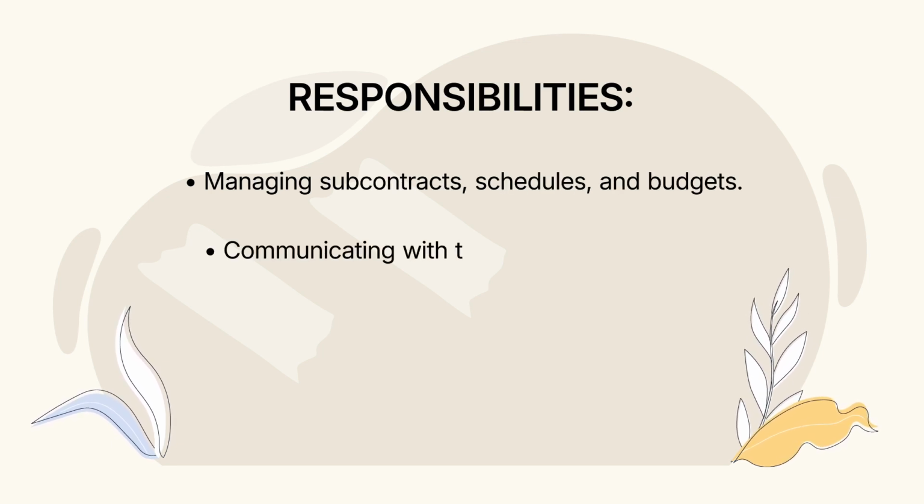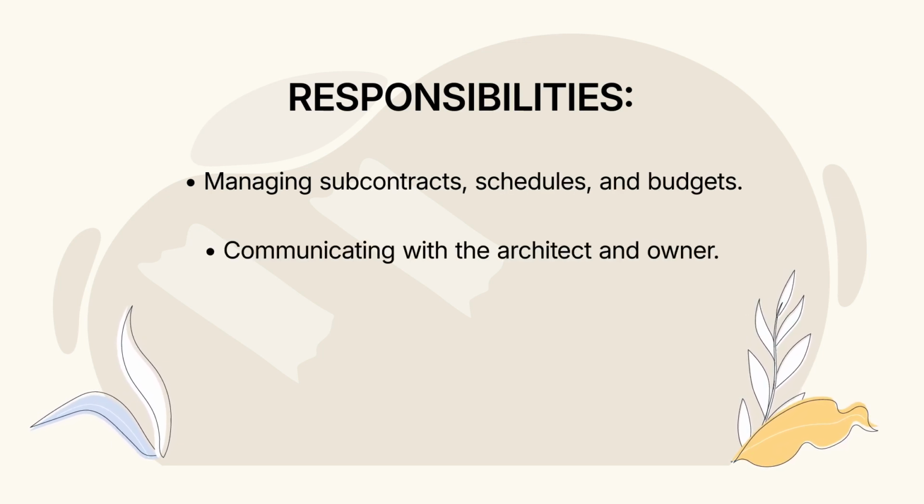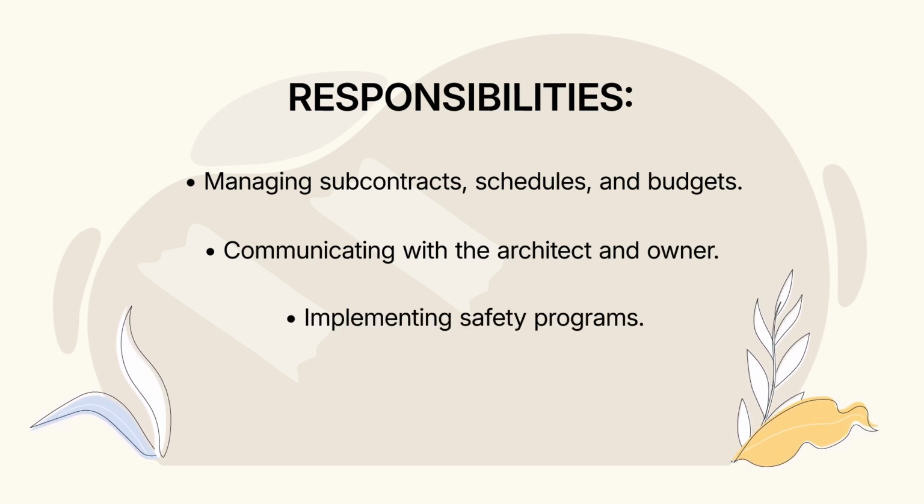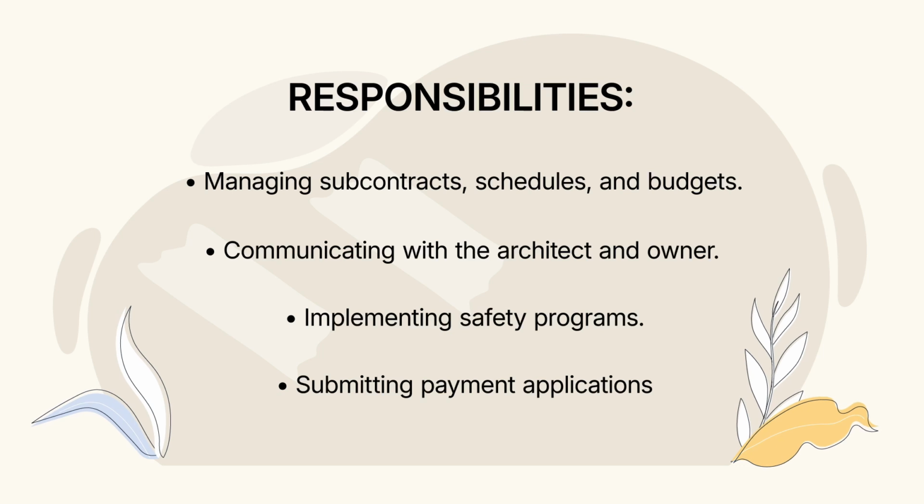They communicate with the architect and the owner and the engineers. They implement safety programs, or at least coordinate safety programs with their safety personnel in the company. And they submit payment applications. The contractor's project manager is the go-to person for getting things done. They juggle people, materials, and timelines.